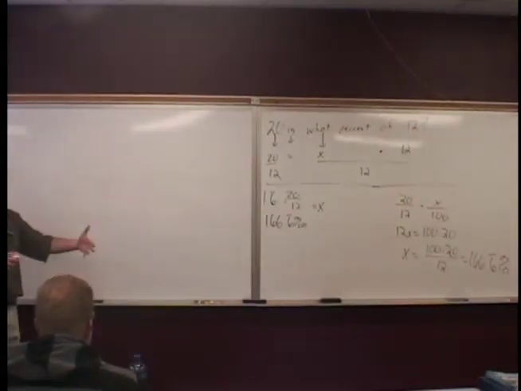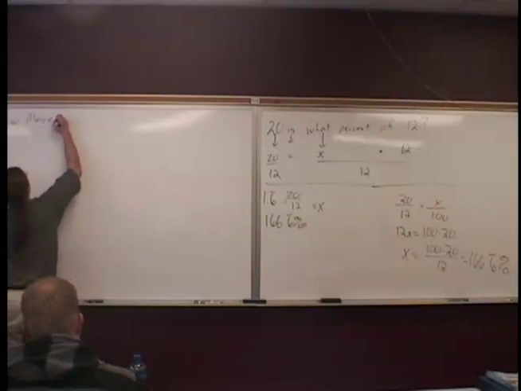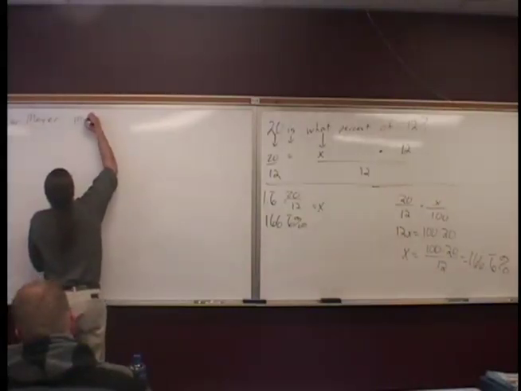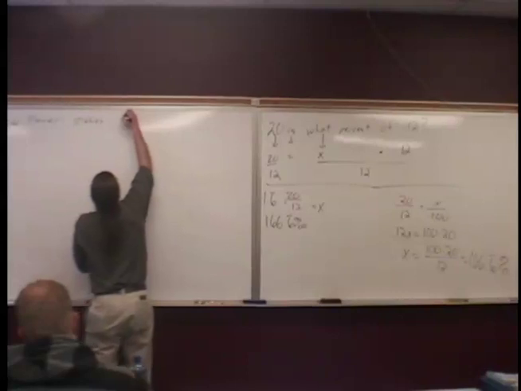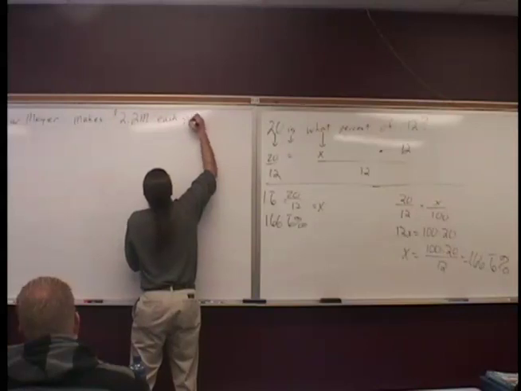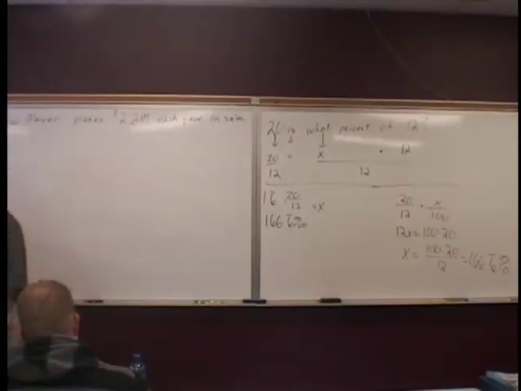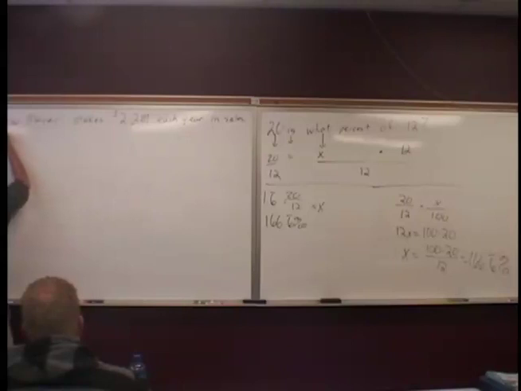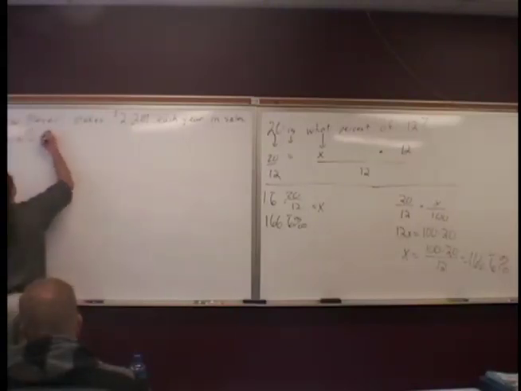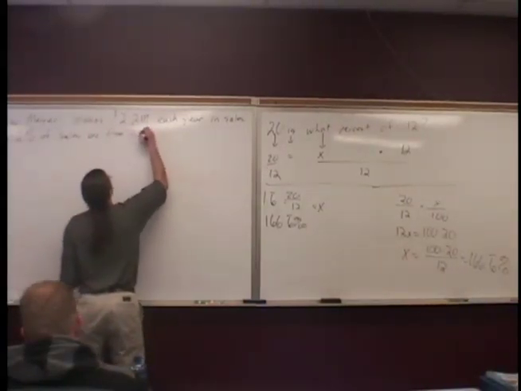All right, so those are nice, straightforward sentences. The real world, of course, comes in word problems, right? Oscar Mayer makes $2.2 million each year in sales. 45.2% of sales are from hot dogs.